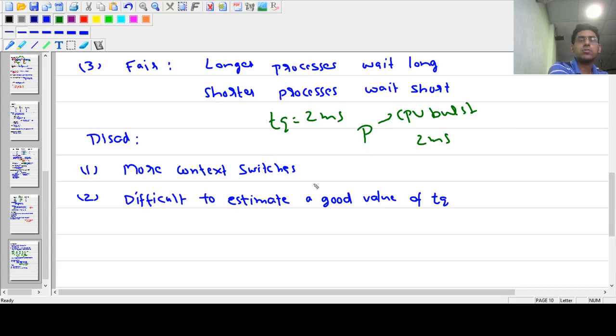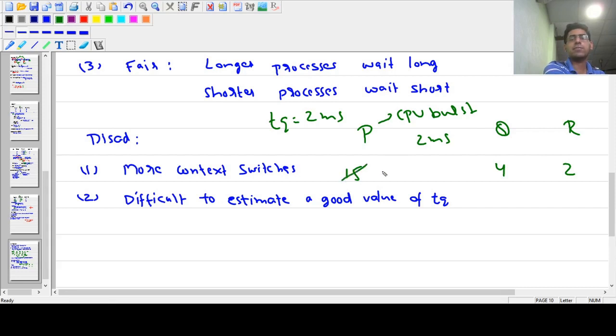Suppose P's total CPU burst time was 15 milliseconds, Q's total CPU burst was 4 milliseconds, and R's CPU burst was 2 milliseconds. If time quanta is 2 milliseconds, in first come first serve, how many context switches will there be? From P to Q and Q to R, only two context switches. But in round robin, after every 2 milliseconds there will be a context switch.